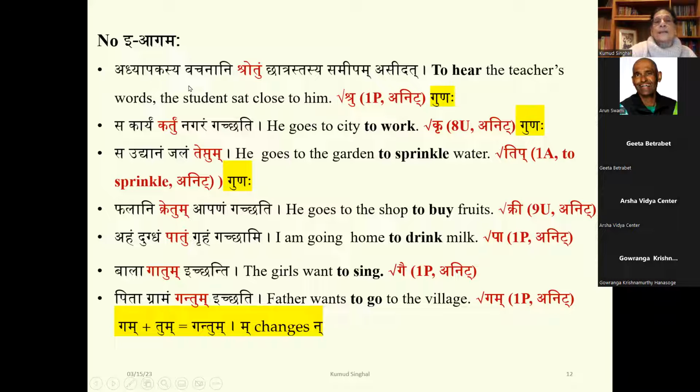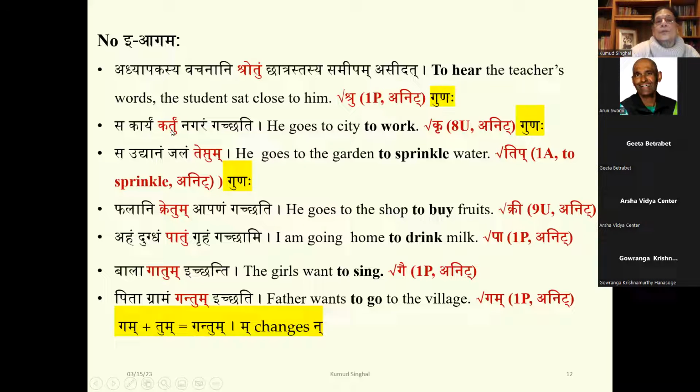Adhyapakasya vachanani shrotum chhatraha tasya samipam asidat. Asidat is a past form. So to hear the teacher's words, the student sat close to him. Asidat, the root is sad, means to sit. So shru is 1P anit. It takes the guna, but there is no e added. Shrotum.